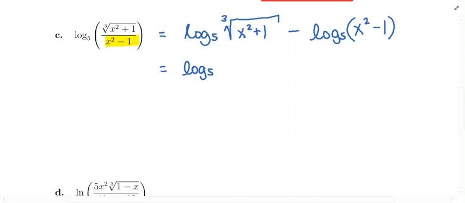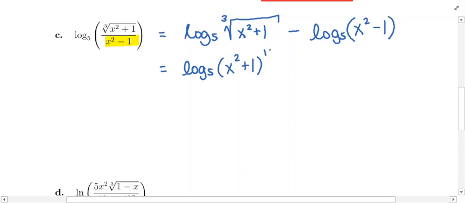Okay, so since we're taking the cubed root of x squared plus 1, it's the same thing as taking x squared plus 1 and raising it to the 1/3 power. Okay, so just stick with me. Right now, I converted from the radical form, the root, to a power. Okay, and then there's nothing I can do over here.